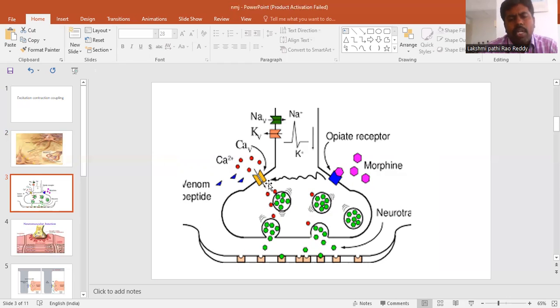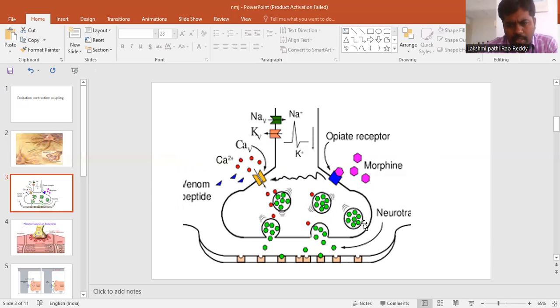When the calcium channels are opened, there is a sudden influx of calcium ions. We all know that calcium ions are abundantly present outside the cell membrane, and potassium ions are present excessively inside the cell membrane. The levels of calcium are higher in the extracellular fluid, and the potassium ions in the intracellular fluid.